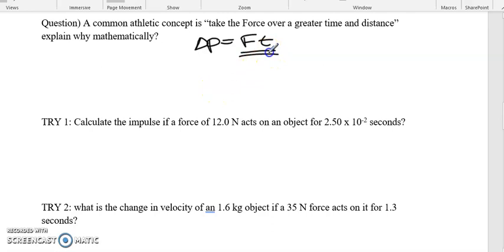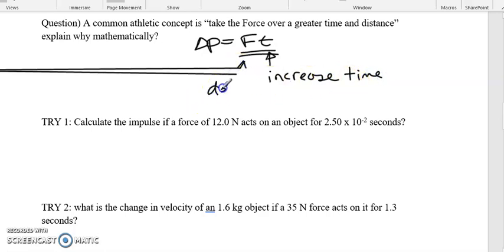You increase the time, which means you see a decrease in force, because the change in momentum remains the same, regardless of whether you change that momentum over 0.4 seconds or 2 seconds or 5 seconds.